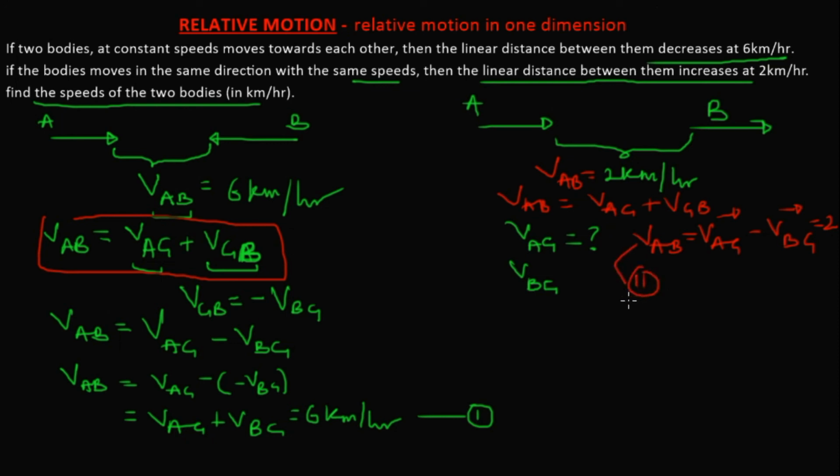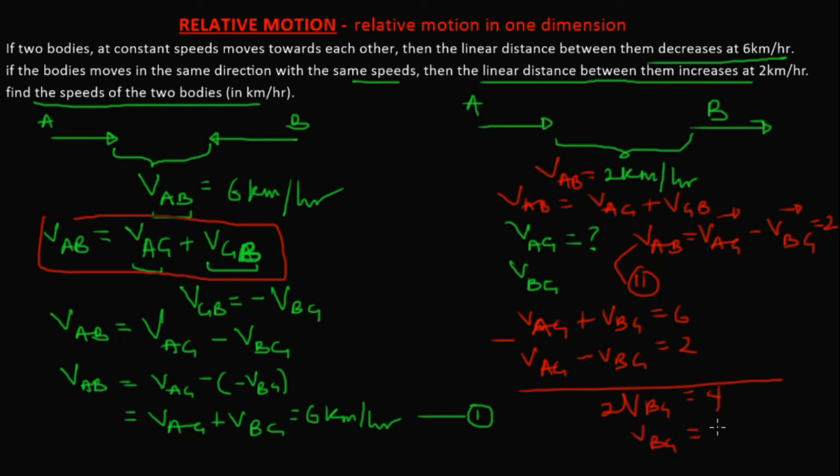So if we solve equations 1 and 2 simultaneously, VAG plus VBG is 6, and VAG minus VBG is given as 2. If we subtract both sides, this cancels out, so that we get 2VBG, which is equal to 4. That means the velocity of the body with respect to the ground is actually 2.